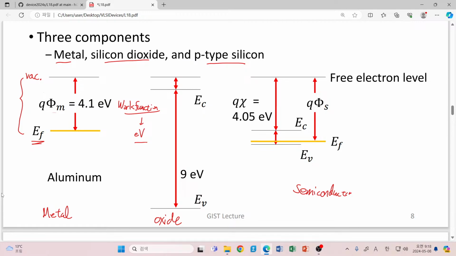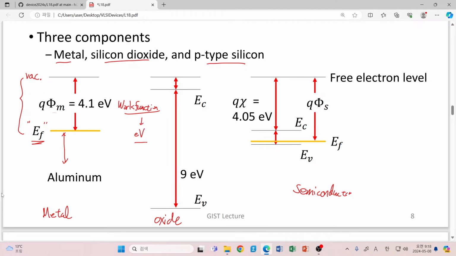So if you have a certain electronic system, then you can define the Fermi level, and below this Fermi level you have completely filled electronic states, and beyond this level the energetic electronic states are completely empty.